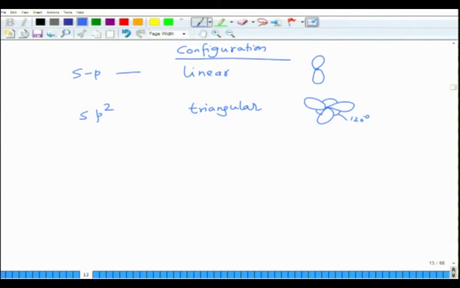For example, in graphite. And if you have tetrahedral, then it is sp3. That I showed you. You have one lobe here, another lobe here, another lobe here, another lobe here, and these angles would be close to 109.5 degrees. And there are some others as well. For example, you can have sp3d and sp3d2, which I am not going to get into. They are more complicated to draw.